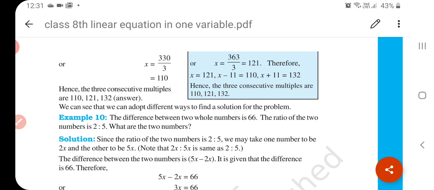So first of all, read the question carefully, and when you transfer any constant number or any number, first see the sign of that number.